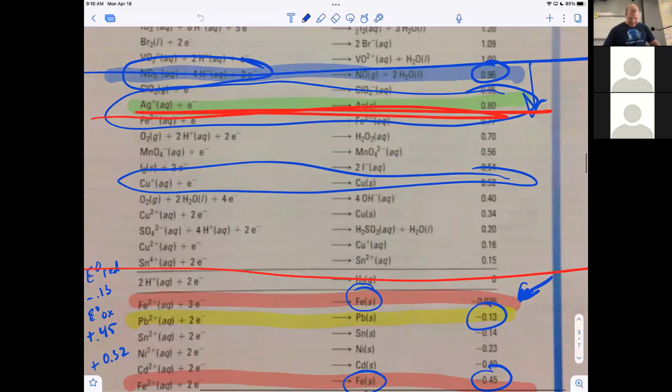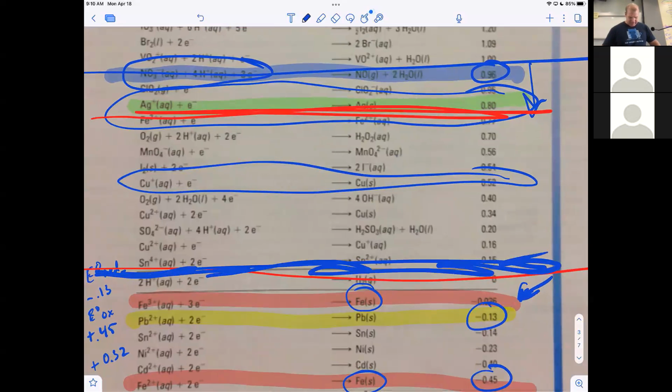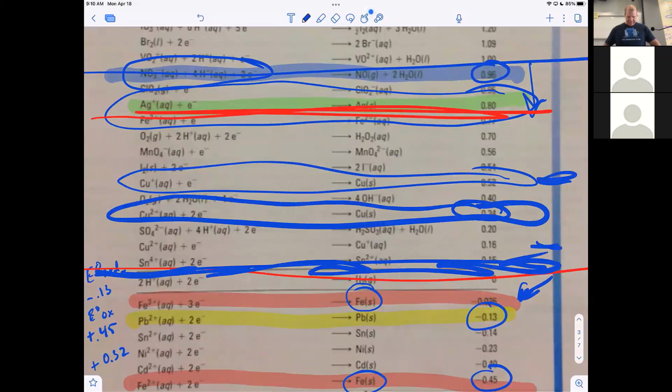So here is the hydrogen 0 line, and copper, well, Cu2+. There's two of them. I can see one here and one here. Is there copper? Oh, here it is. Here's Cu2+. It's right here.